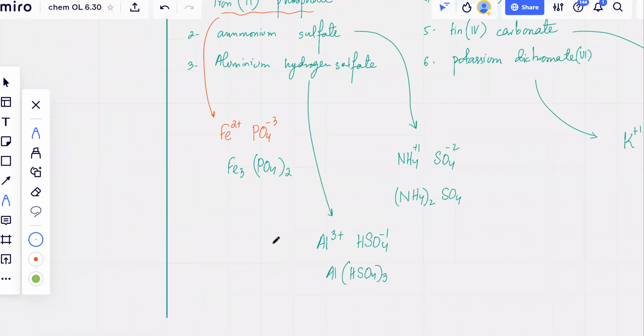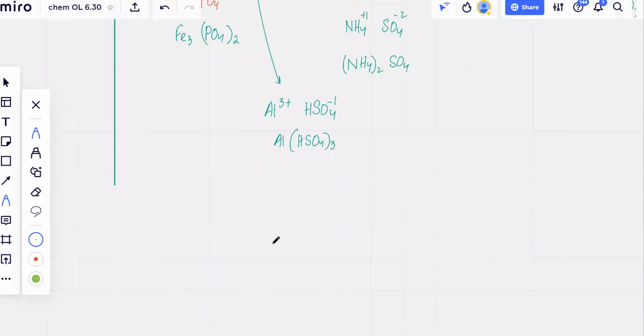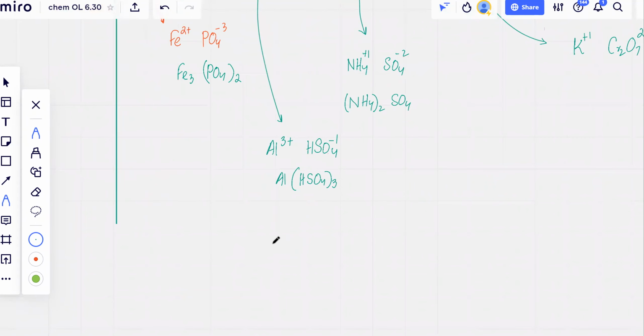So you have all of these to keep. If you know what the list is, tell me what's the formula of calcium phosphate?